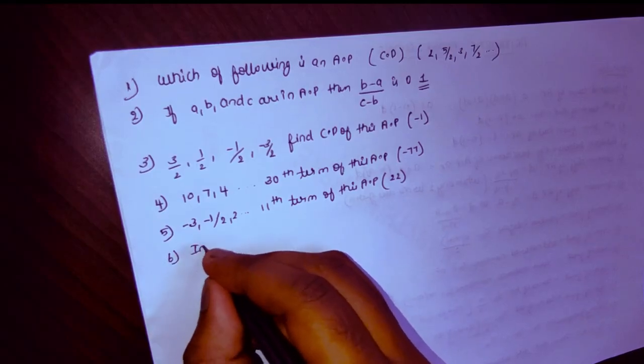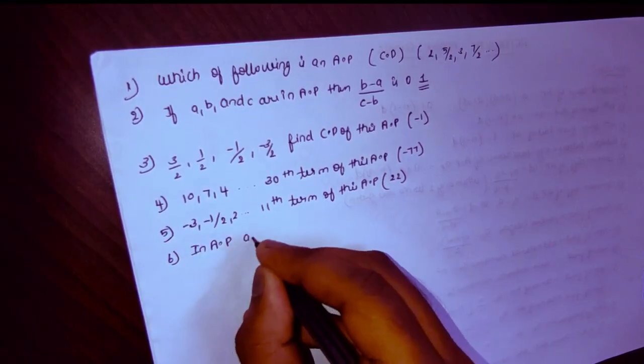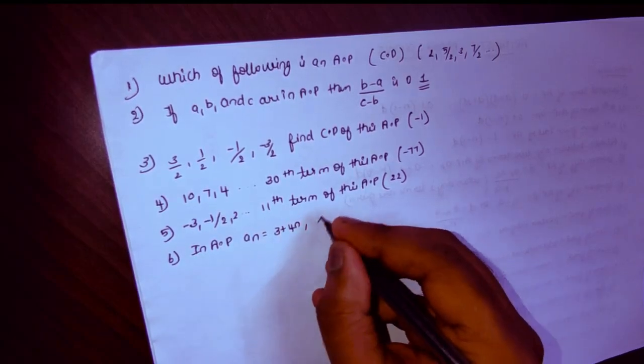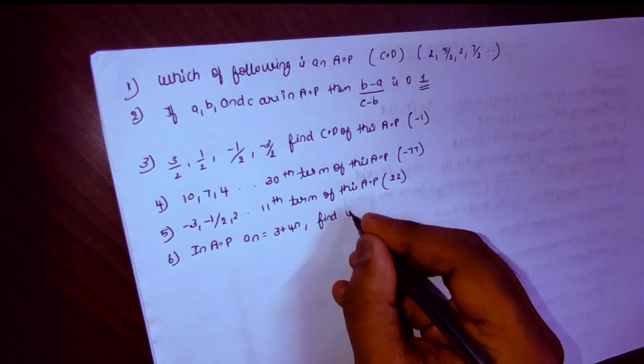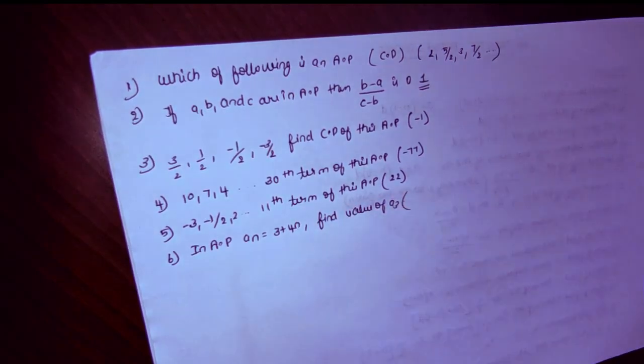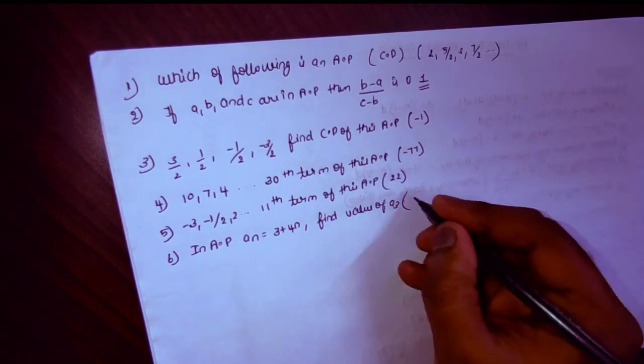Here in an AP, an is given, that is 3 plus 4n. You have to find the value of a3. The value of a3 is 15.